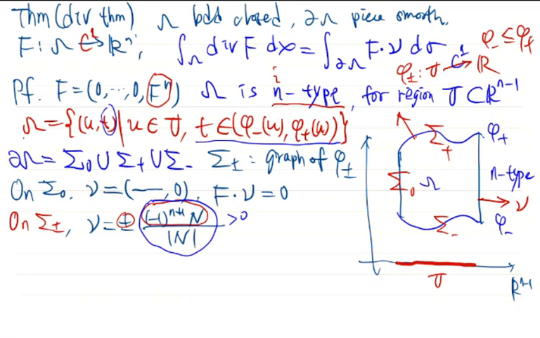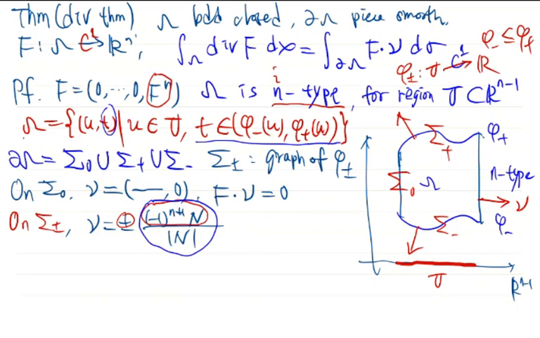Well, on the lower boundary, sigma minus, the outward normal vector points downward, so the last component is negative, so we need to take the negative sign. Okay, so we get this result. This is the normal vector at all parts of the boundary.